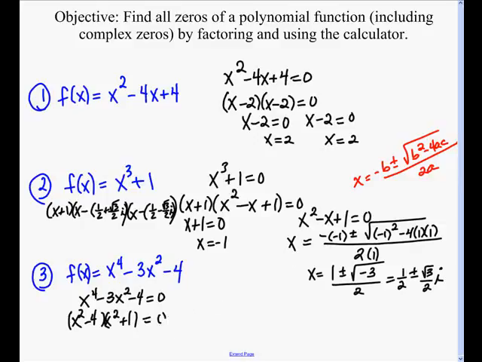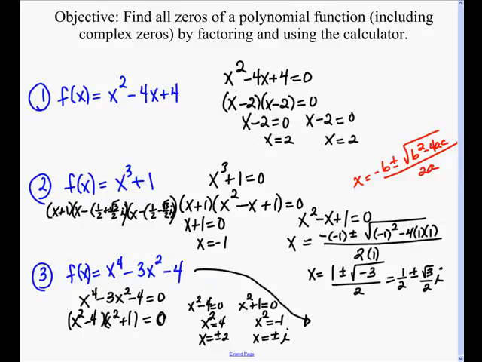So therefore we know that x squared minus 4 is equal to 0, and x squared plus 1 is equal to 0. So x squared is equal to 4, which gives us plus or minus 2, or x squared is equal to negative 1, which gives us plus or minus the square root of negative 1, which would be plus or minus i.